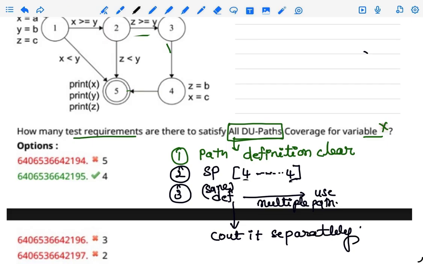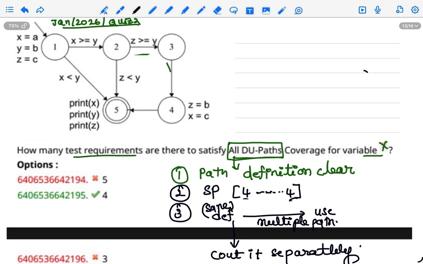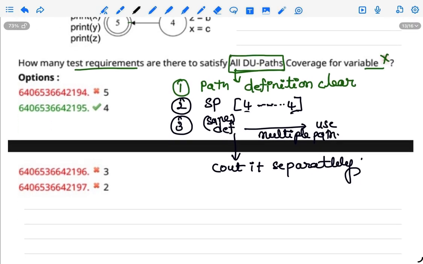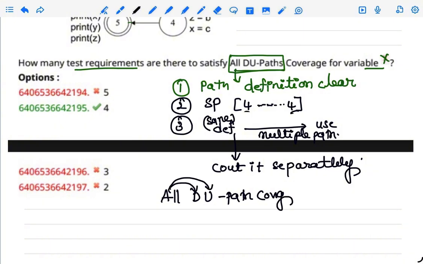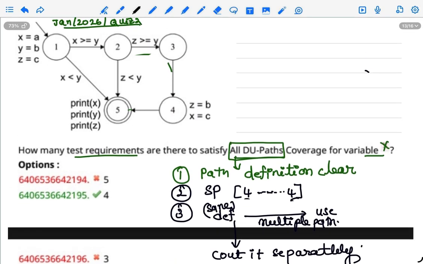All DU paths coverage means all definitions and all uses; you consider both.